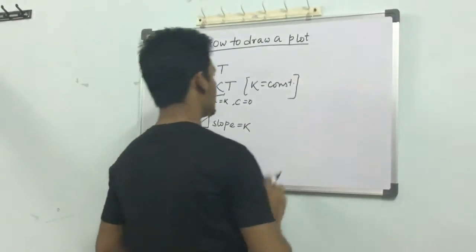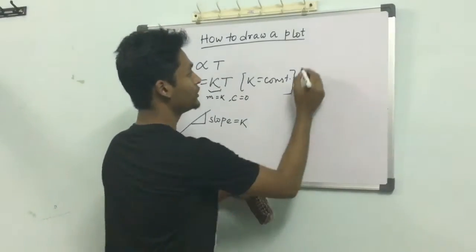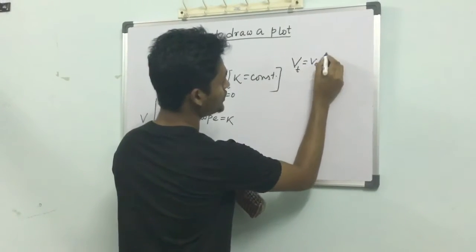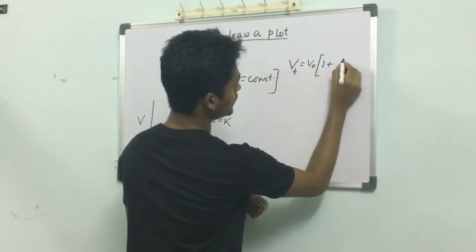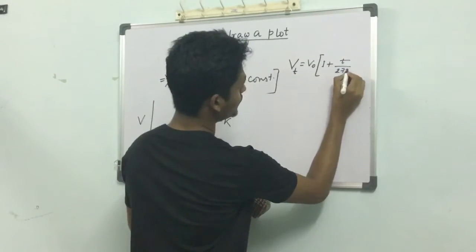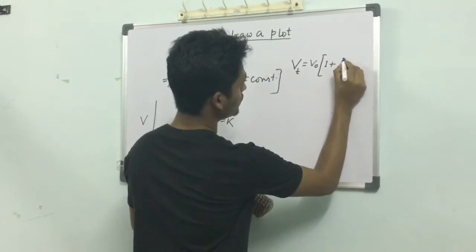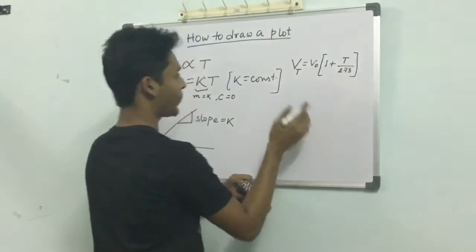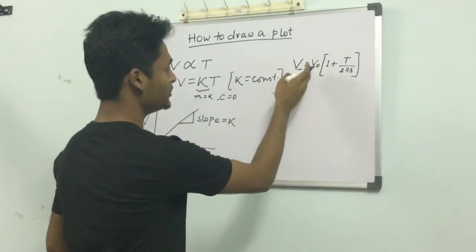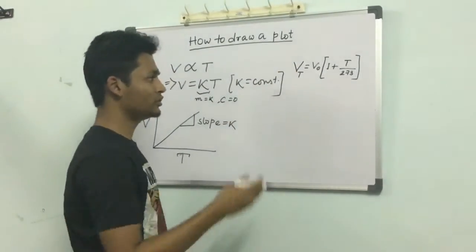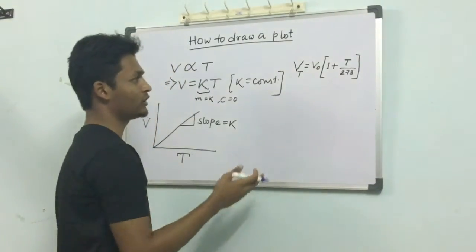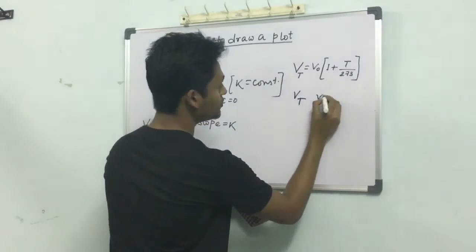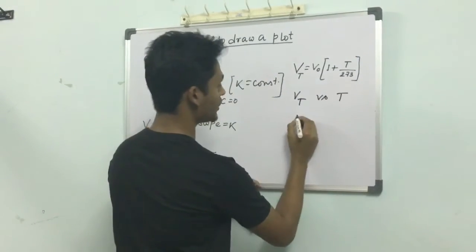So let me take another one. The common form of Charles' law is Vt equals V0 times (1 plus T by 273). Vt is the volume at temperature T, and V0 is the volume at 0 degrees Celsius, that is 273 K absolute temperature. If we draw the plot between Vt versus T, it will give us a straight line.